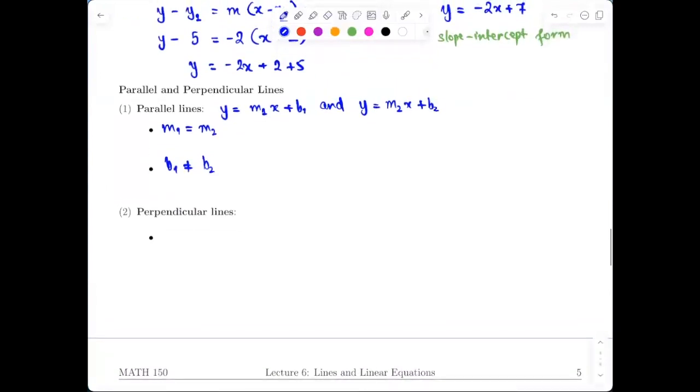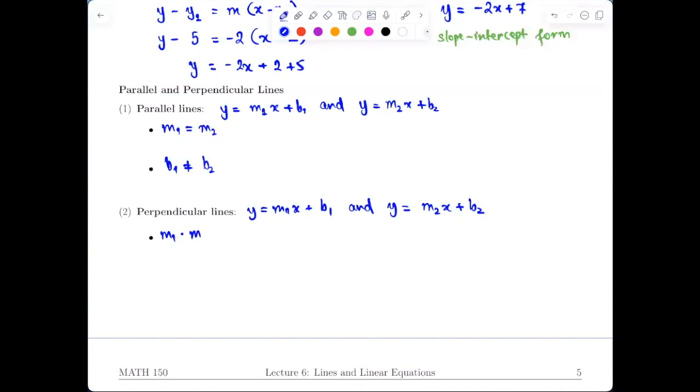Now for perpendicular lines, consider two different lines, again, y equal to m1x plus b1 and y equal to m2x plus b2. To see if the two lines are perpendicular or not, you need to take the product of the two slopes, and if it equals -1, then the two lines are perpendicular.